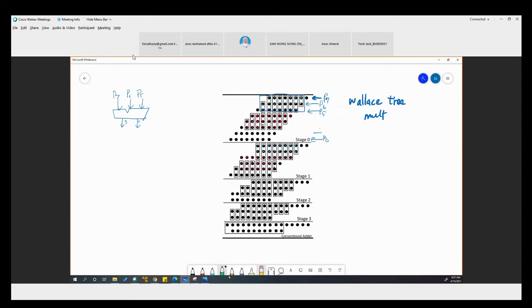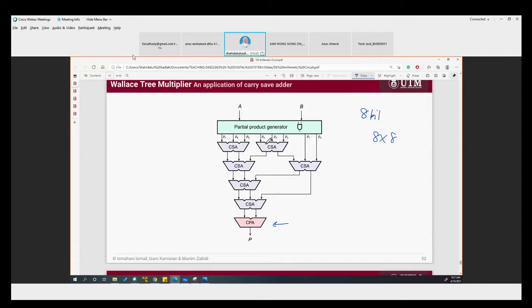Now we are taking this stage to be put in the carry safe adder. And so on. So that is what it means by this here.